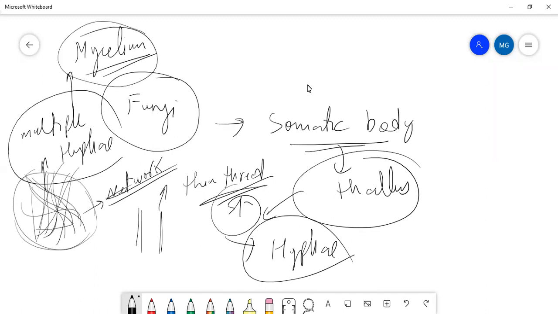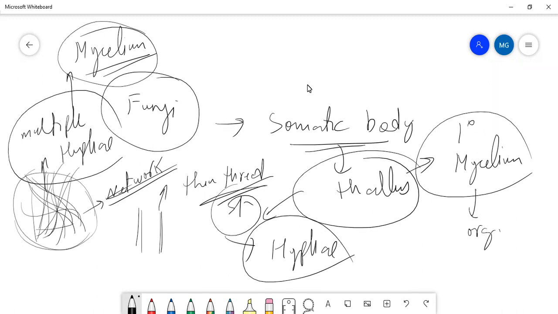So what is a thallus? A thallus is nothing else. It is basically a mycelium. Sometimes this mycelium gets organized into different types of structures.